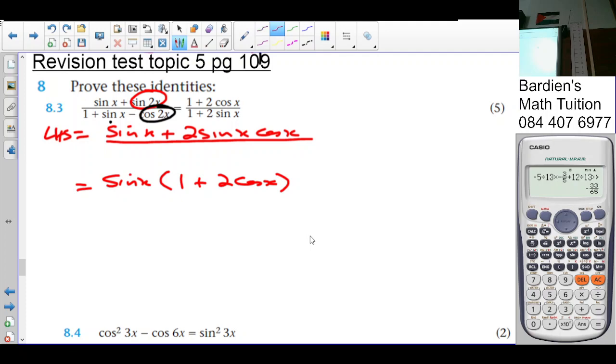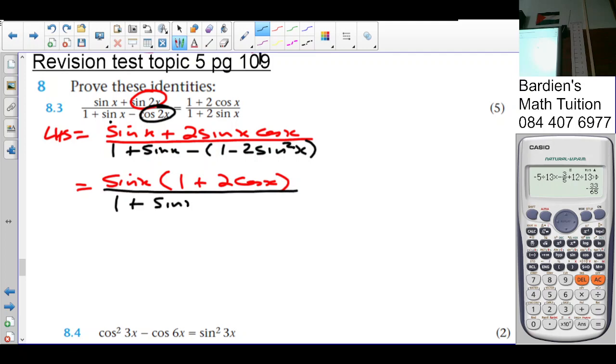Okay. So in the denominator here, it's simply going to be 1 plus sine x minus 1 minus 2 sine squared x. Okay, not going to go into trinomial, going to go into a common factor factorization. Actually easier. So it's 1 plus sine x minus 1 minus 2 sine squared x.